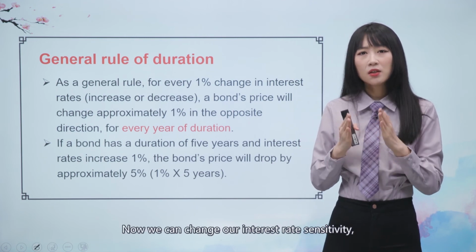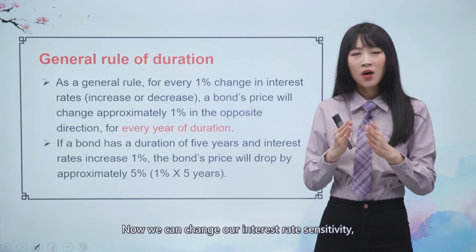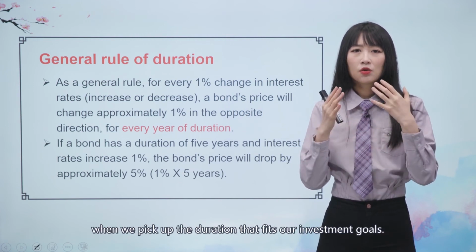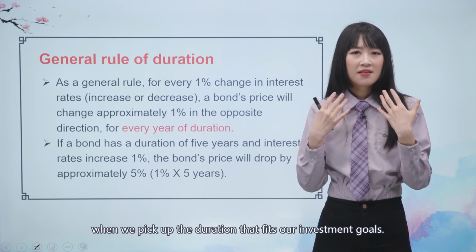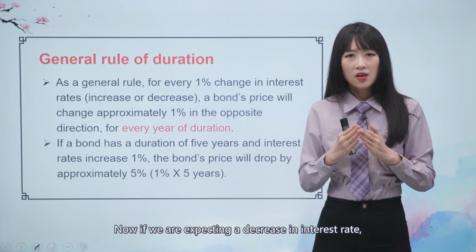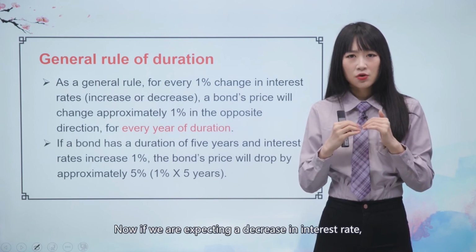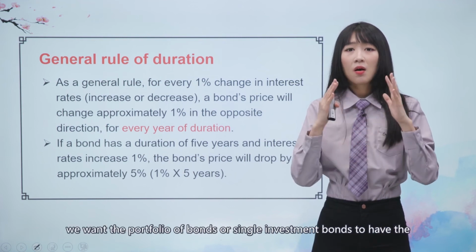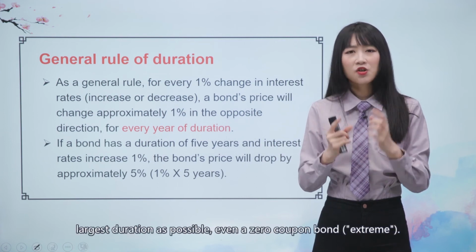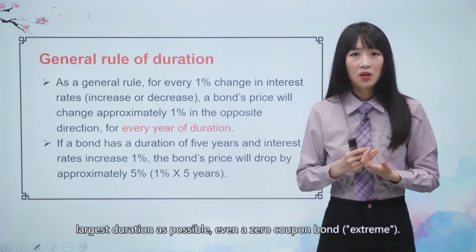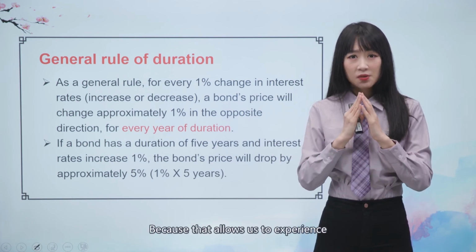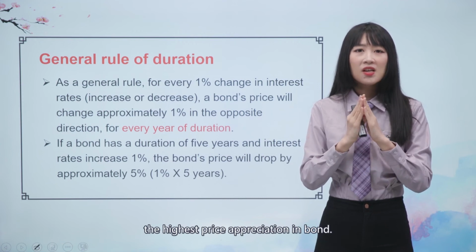We need to adjust our interest rate sensitivity when we pick the duration that fits our investment goals. If we are expecting a decrease in interest rate, we want the portfolio of bonds or the single investment bonds to have the largest duration possible, even a zero coupon bond, because that allows us to experience the highest price appreciation.